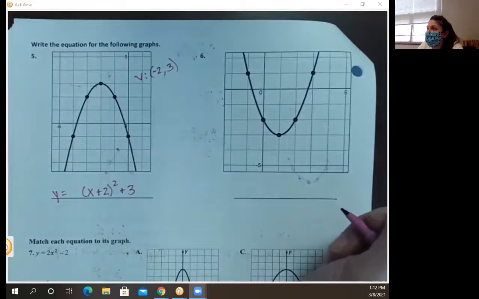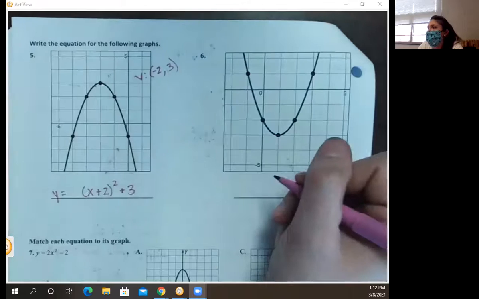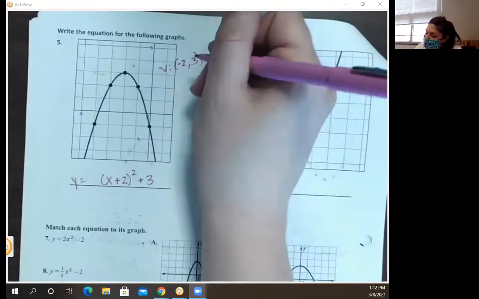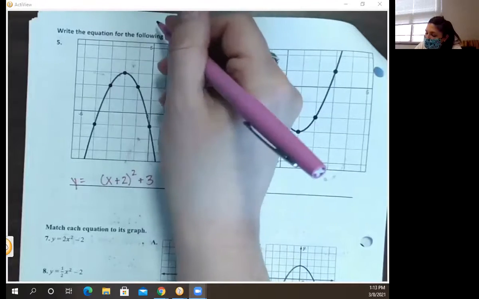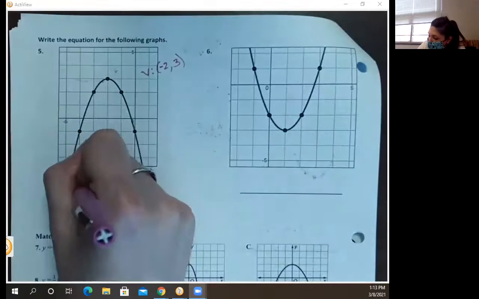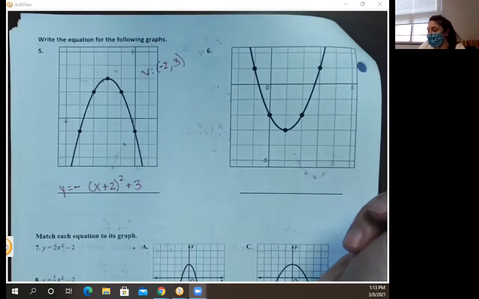Now I'm going to use the shape of my graph to determine what, if anything, goes in front of the x parentheses. So I expect my parabola to open up like a U. This one's opening down like an umbrella. So that means that I flipped it, and I've got to have a negative lead coefficient there, a negative sign in front.